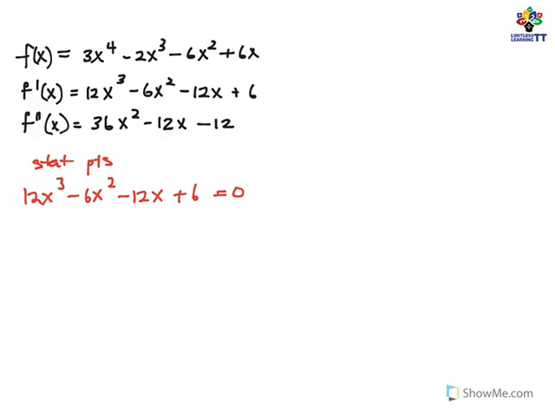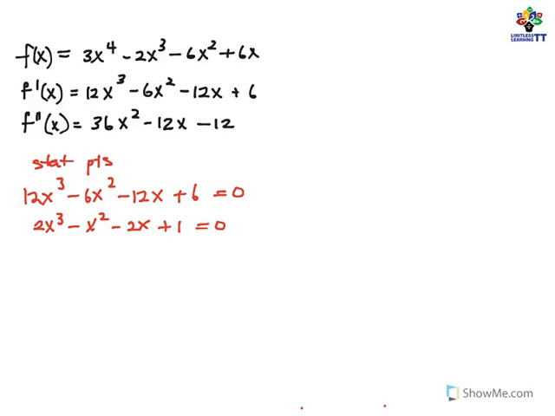If I divide by 6, it leaves me with 2x cubed minus x squared minus 2x plus 1 is equal to 0. And so this is a cubic polynomial, and we need to kind of break it down into factors to find out the x-intercepts.